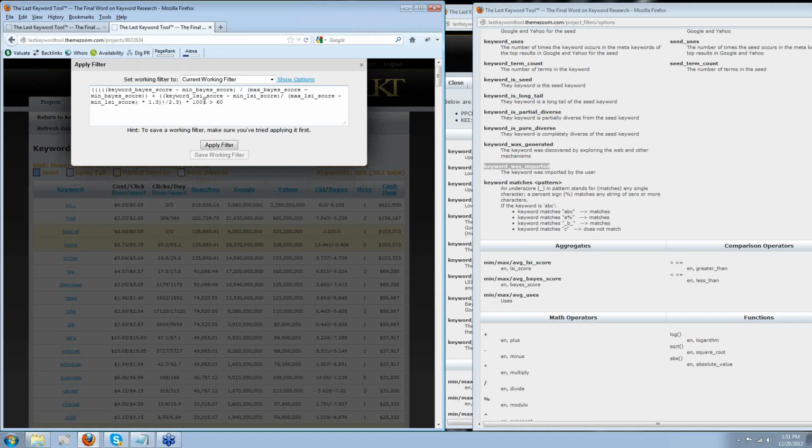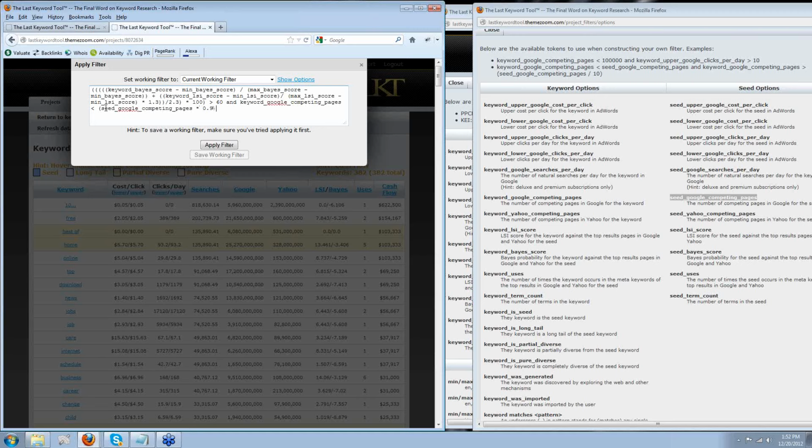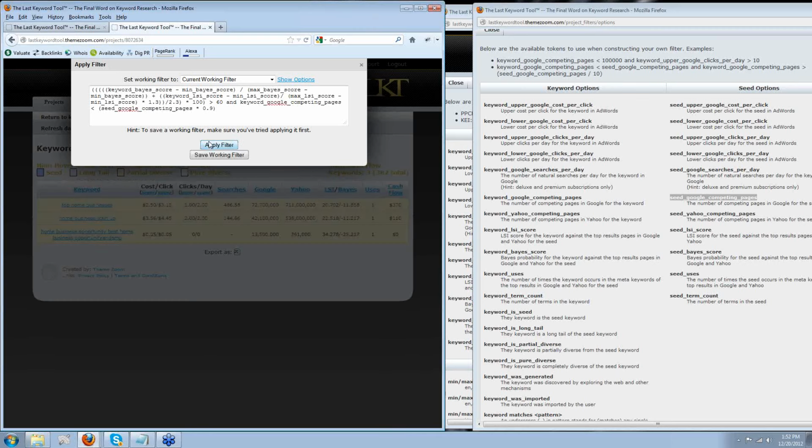I'm going to assume that the term I've drilled into is my silo term, and so I actually want it to be only like 90% of the competing pages of my seed term so that it's truly subordinate. So I'm going to apply that filter.